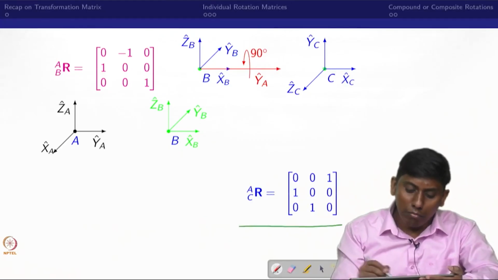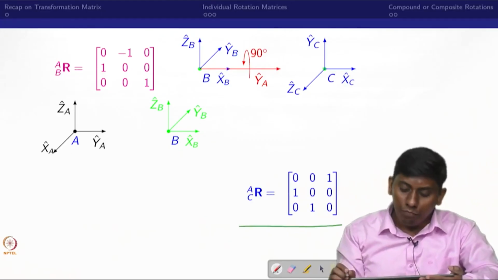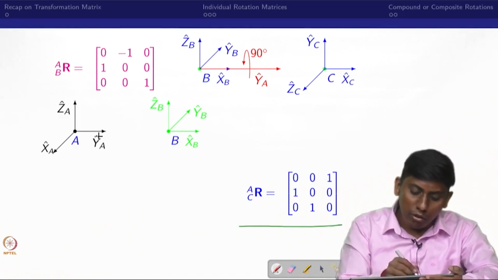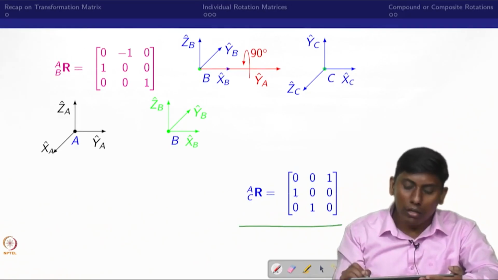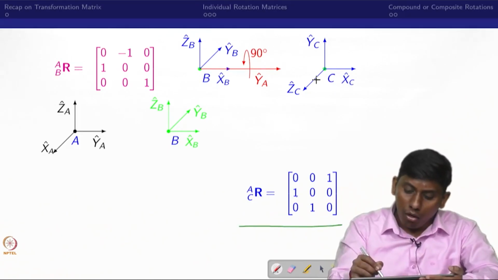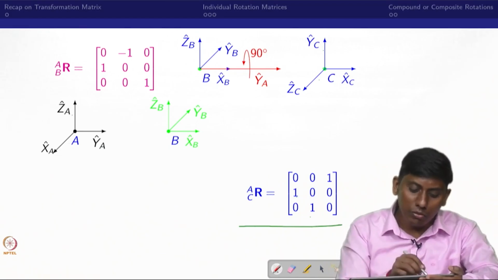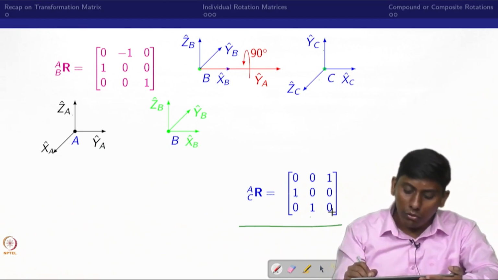If you write the rotation matrix with respect to A, XC is projected on YA, so 0 1 0, and YC is projected on ZA, so 0 0 1, and ZC projected on the A frame coincides with XA, so 1 0 0, right.